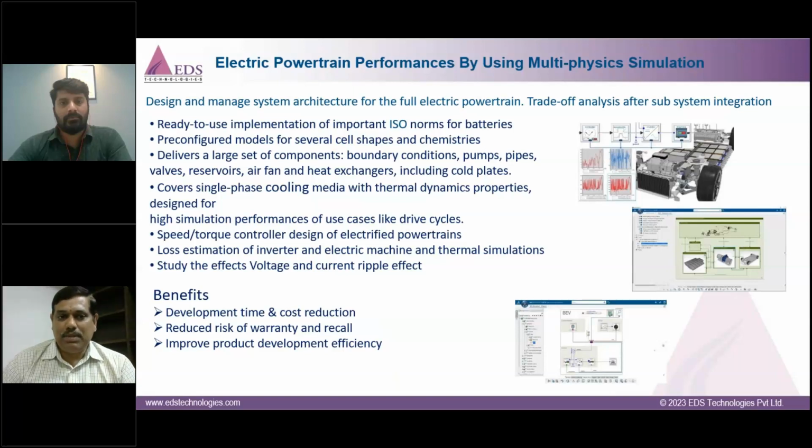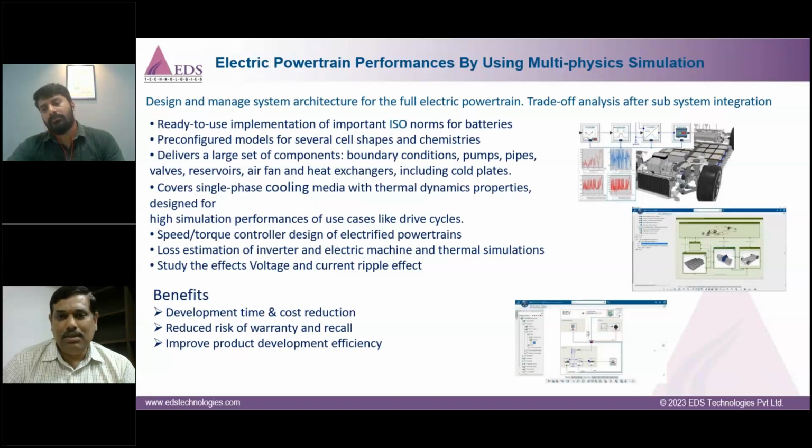Basically, this particular solution combines multiple systems. We have electrical systems, electronic circuits, and mechanical functions. Systems engineering is an approach to combine all these subsystems and systems together to find out the multidisciplinary dynamic behavior of the whole system together.